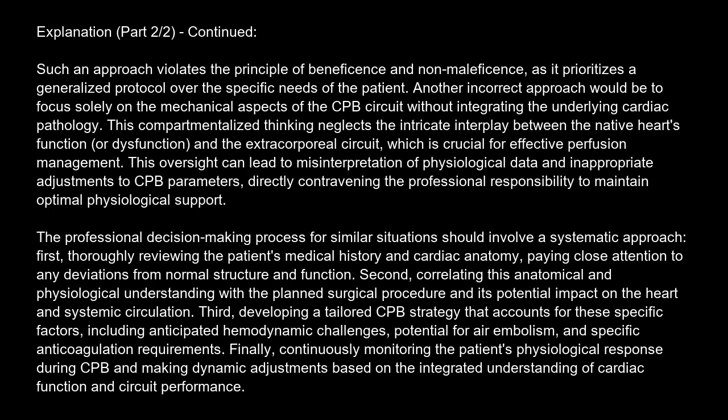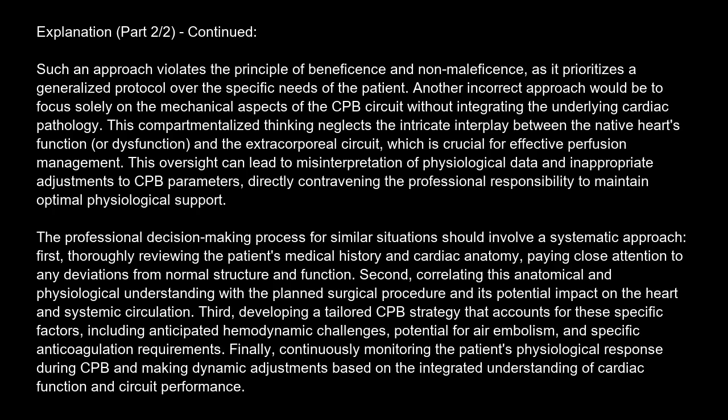The professional decision-making process for similar situations should involve a systematic approach. First, thoroughly reviewing the patient's medical history and cardiac anatomy, paying close attention to any deviations from normal structure and function. Second, correlating this anatomical and physiological understanding with the planned surgical procedure and its potential impact on the heart and systemic circulation.